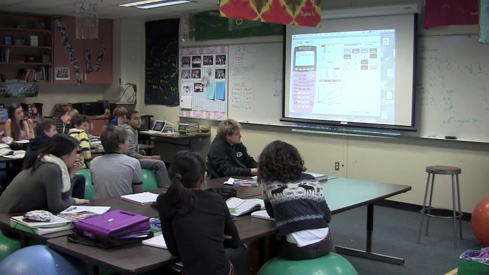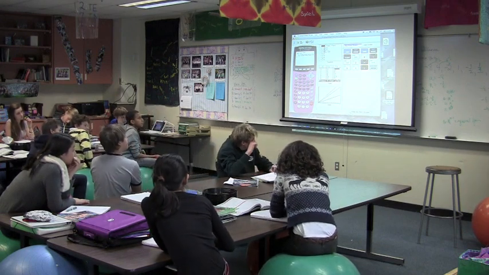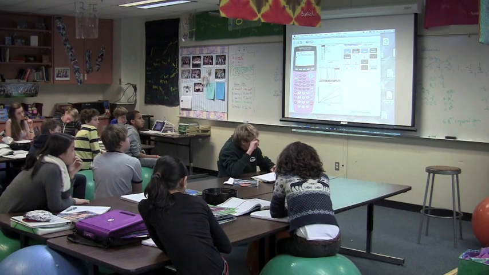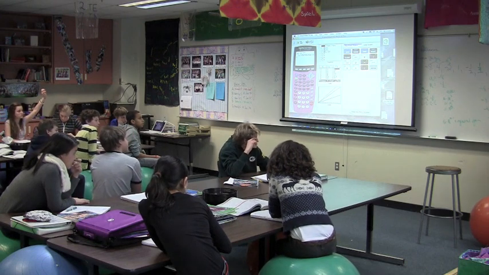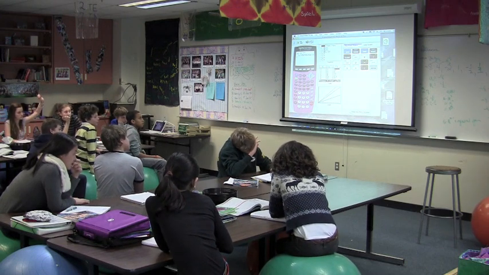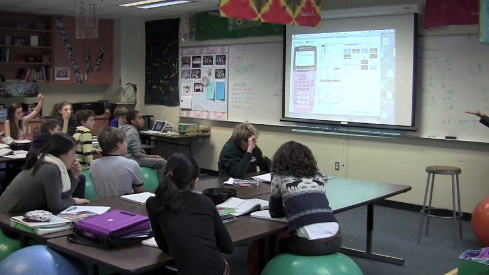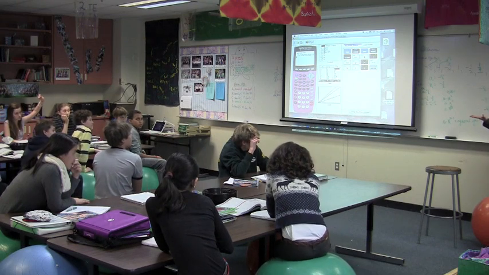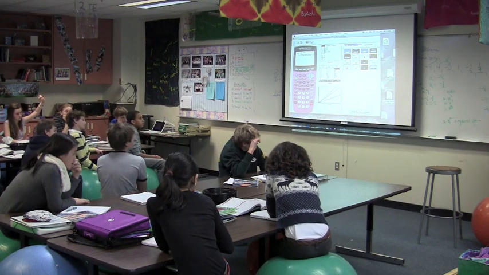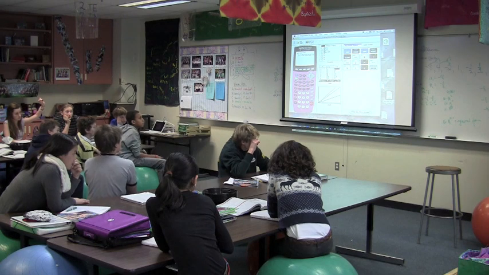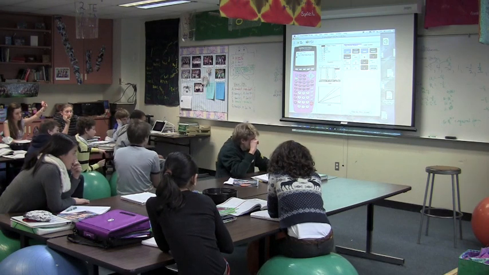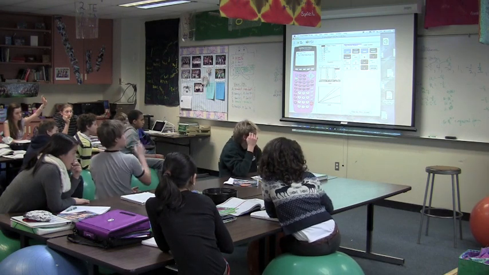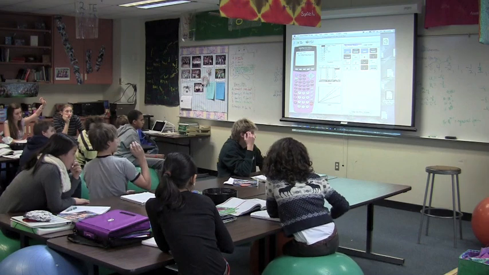When you have a power to a power, you just multiply them. So if you had 3 to the third, to the second, to the fifth, it would be 3 times 2 is 6, times 5, this is 3 to the 30th power. That's getting really, really big.